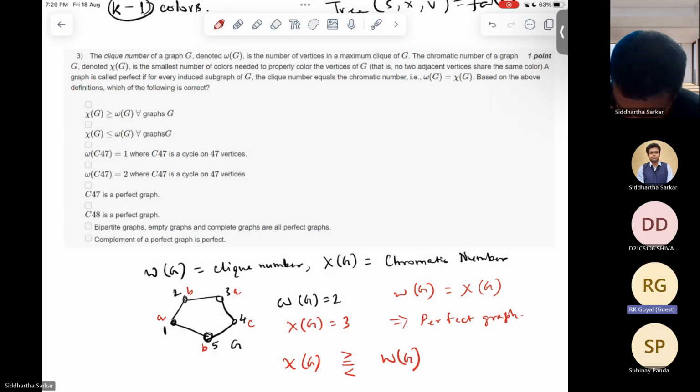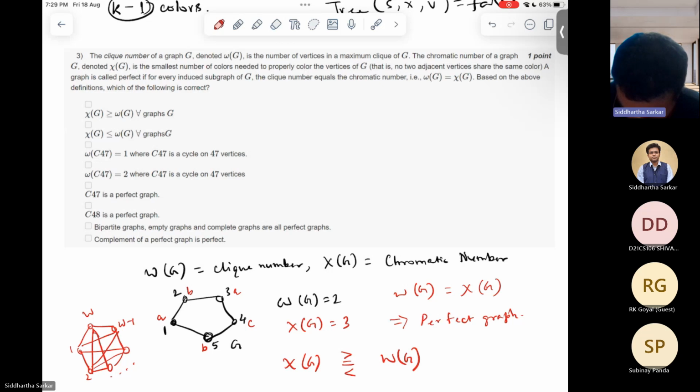So the first option is clearly correct, that chi of G is greater than or equal to omega of G. In a graph, if there is a clique of size omega, I'm not drawing all the edges, but omega vertices are involved.